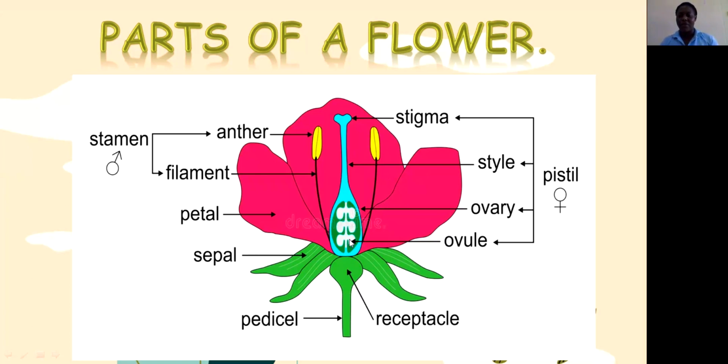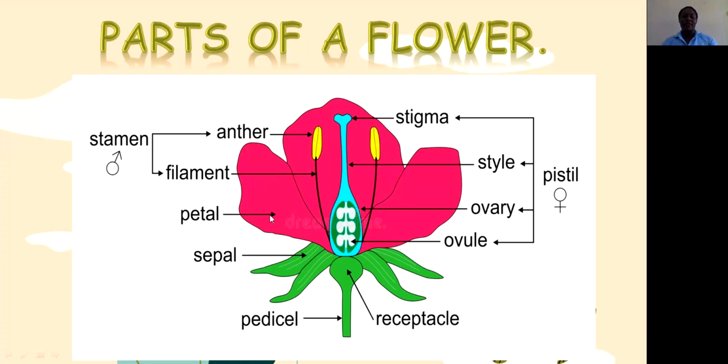Ovule, O-V-U-L-E. And then these are called the anther. The anther. And there is another tube here that holds the anther up. It is called the filament. Filament.